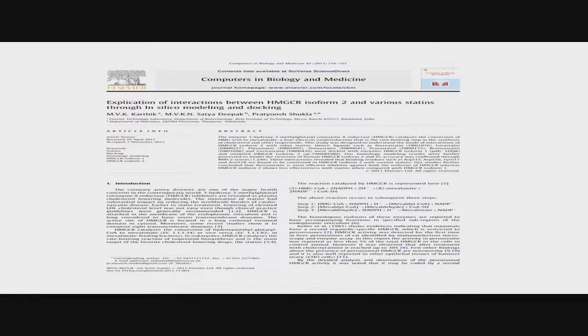And this journal is very tough, I am telling you. Computers in Biology and Medicine. If you Google it, you see the impact factor maybe 7 or 8, but the rejection rate is 95%. Means if 100 papers are submitted, 95 are rejected, without review, okay. So they write thank you.